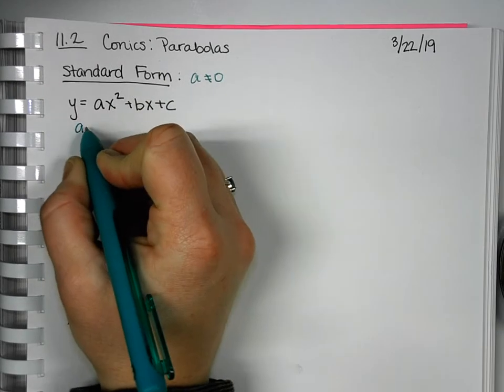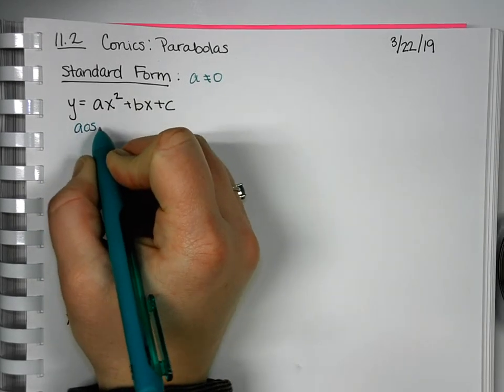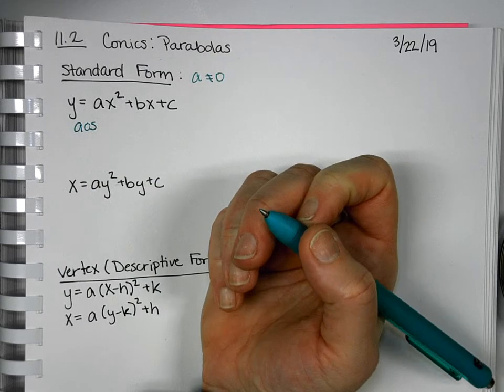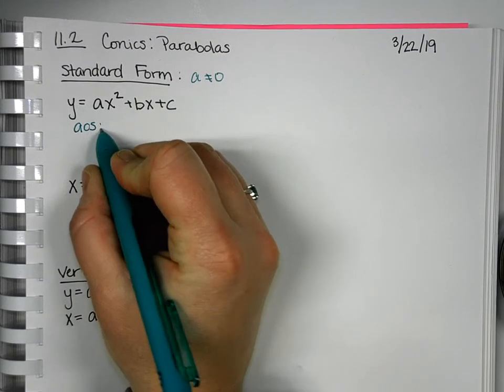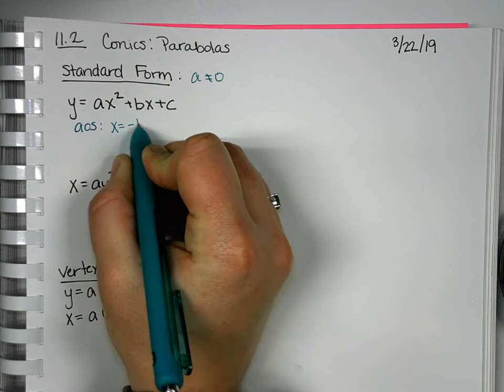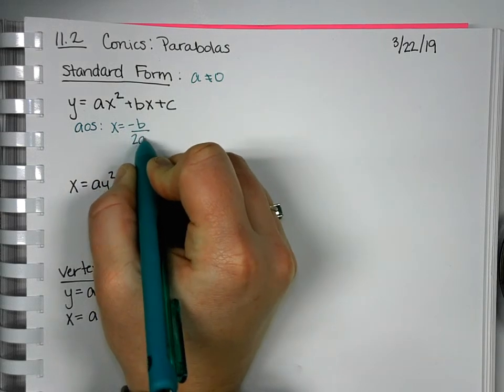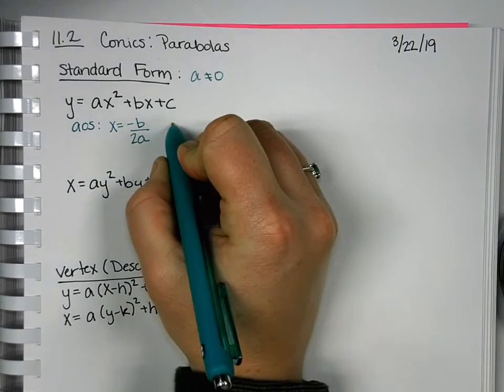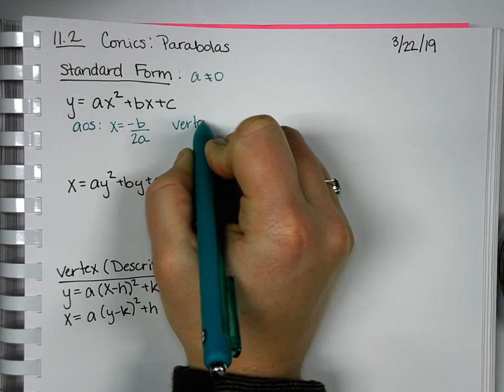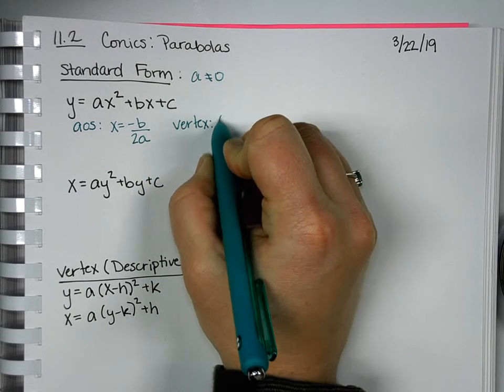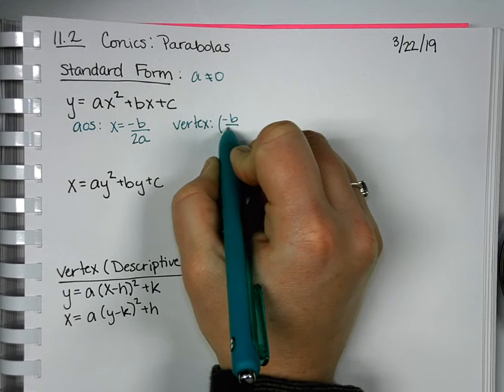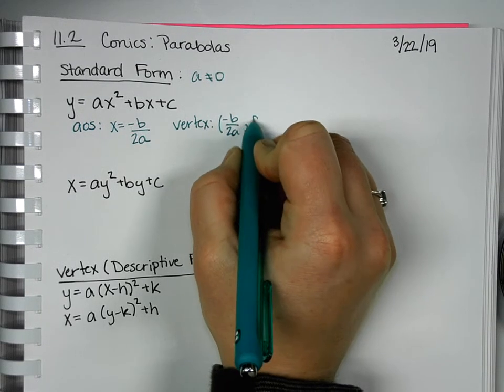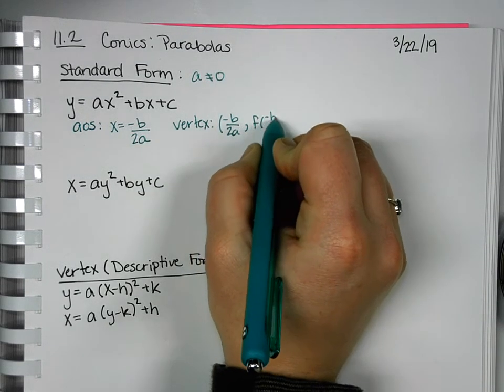The equation for your axis of symmetry, also sometimes known as line of symmetry, is x equals negative b over 2a. And then your vertex you find by taking that negative b over 2a and plugging it into your function.